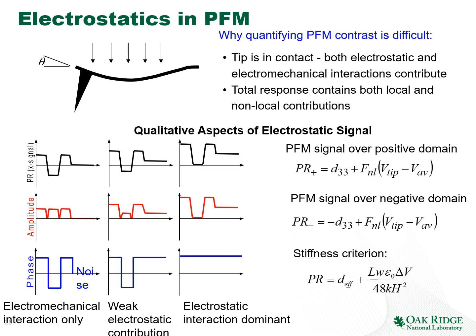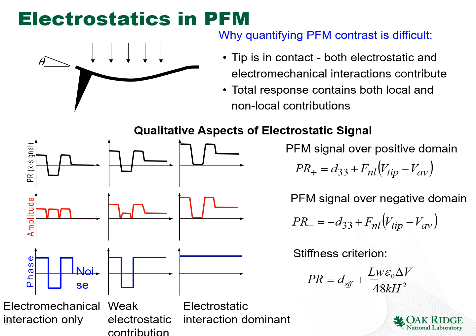Now, is it easy to quantify the PFM contrast? Again, this is something that we are going to discuss in the forthcoming lectures, but quantifying PFM contrast can be remarkably difficult. The reason for that, and the source of most artifacts in PFM imaging, is the contribution of the electrostatic forces. Imagine that our tip is in contact with the surface of the material.